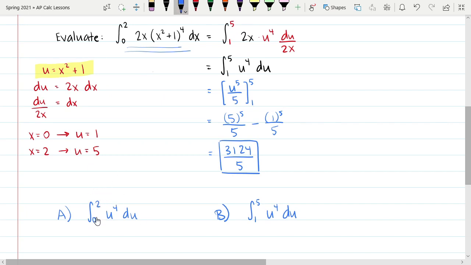Again, because those limits are values of x, but this integrand is supposed to be in terms of u. So the correct answer here would have been choice B. So this is how they have assessed this particular technique on the AP exam in the past, and I wouldn't put it past them to do something like this again. So it is important for you to be aware of this issue about changing your limits of integration.